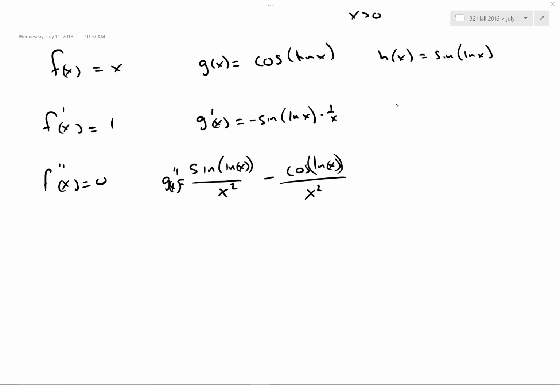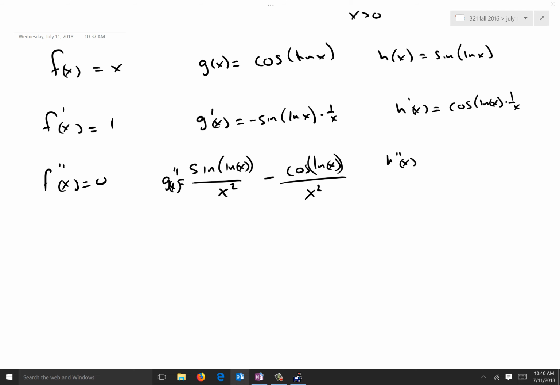So the other one is going to be the cosine of ln times 1 over x. And then if I was a betting man, I'd say it'd be the same, but with a plus sign, but let's just double check it.